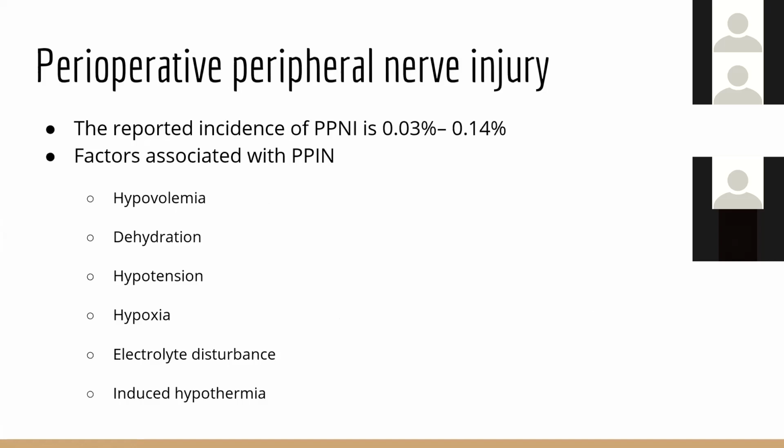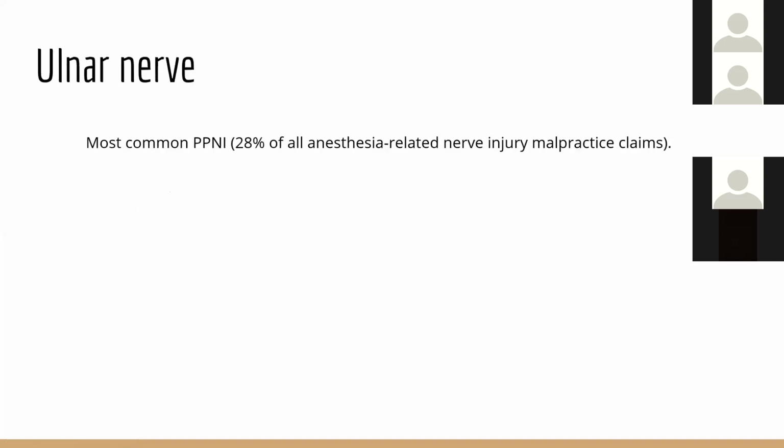The factors associated with nerve injuries are hypovolemia, dehydration, hypotension, hypoxia, electrolyte disturbance, and induced hypothermia. If the patient has these factors or abnormalities during surgery, then there is an increased risk of peripheral nerve injury.